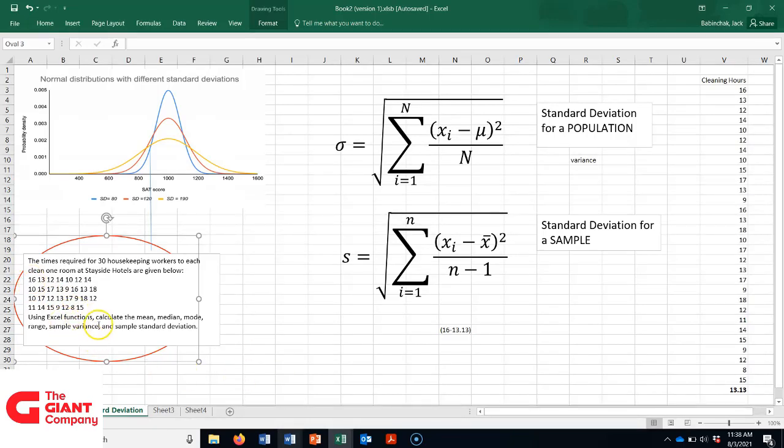So it says here, use Excel functions to calculate mean, median, mode, range, sample variance, and sample standard deviation. We won't do all of that right now, but I'll show you how to figure out both a population and a sample standard deviation. I'll show you, again, I think I did this before, how to do some descriptive statistics and just get all of this information at once.